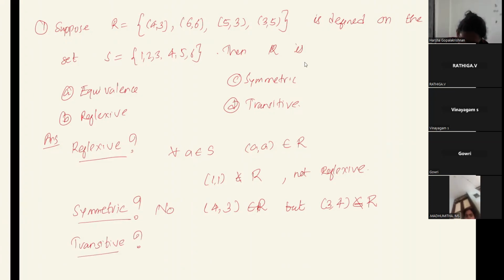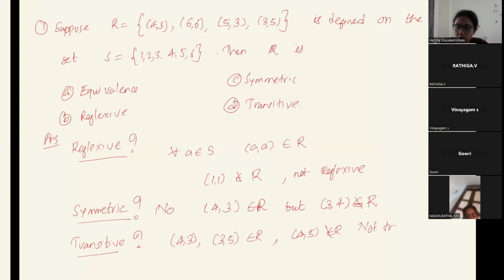We can see in the set R, 4, 3 and 3, 5 belong to R. But if it is transitive, what do we need? AB and BC belonging to R should imply AC also belongs to R. Here 4, 3 and 3, 5 belong to R, but 4, 5 does not belong to R. So by the definition of R, 4, 5 does not belong to R. So not transitive also.